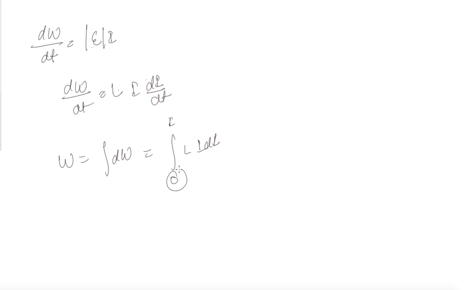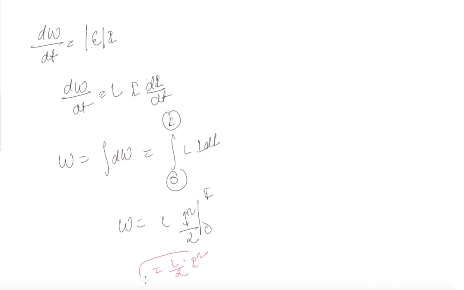So from 0 current to the current I, this work done is actually given by L into I square upon 2 from 0 to I. So this is L upon 2 I square.